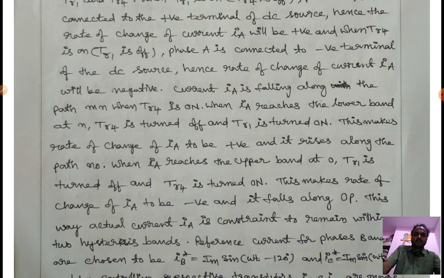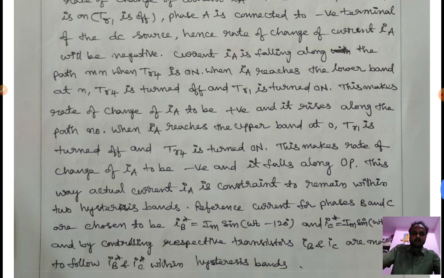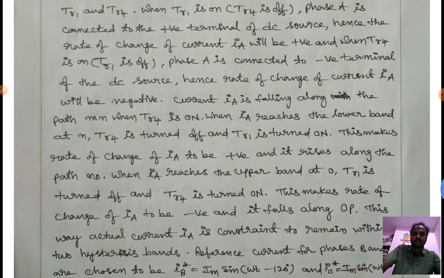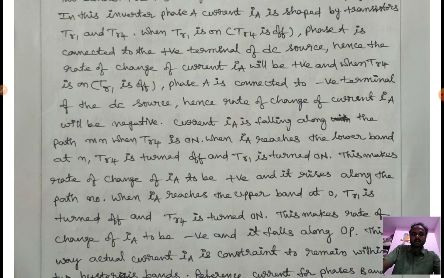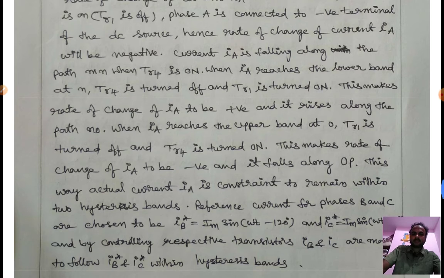When TR4 is on, TR1 is off, and phase A is connected to the negative terminal of the DC source. So the rate of change of current IA will be negative.